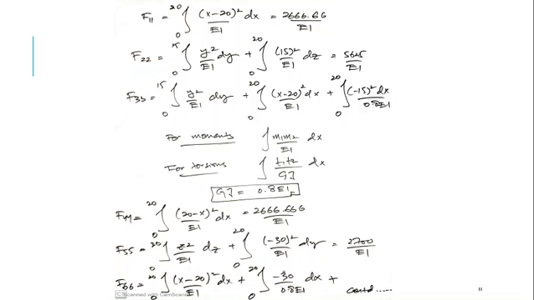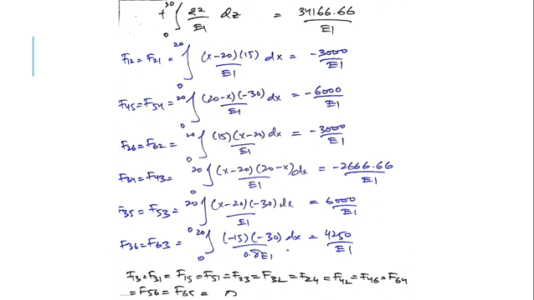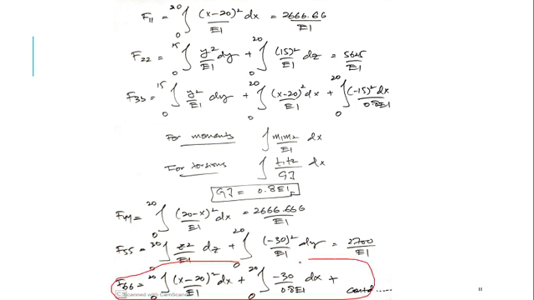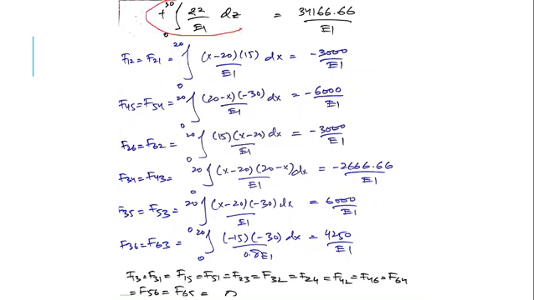We have evaluated this very easily. Now F12 would be equal to F21. It's so simple. F12 and F21 are numerically equal in magnitude. Similarly, F45 is equal to F54, and F26 would be equal to F62.